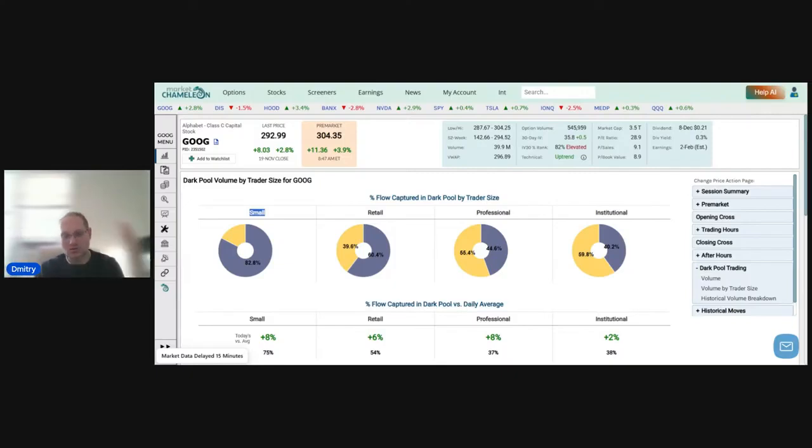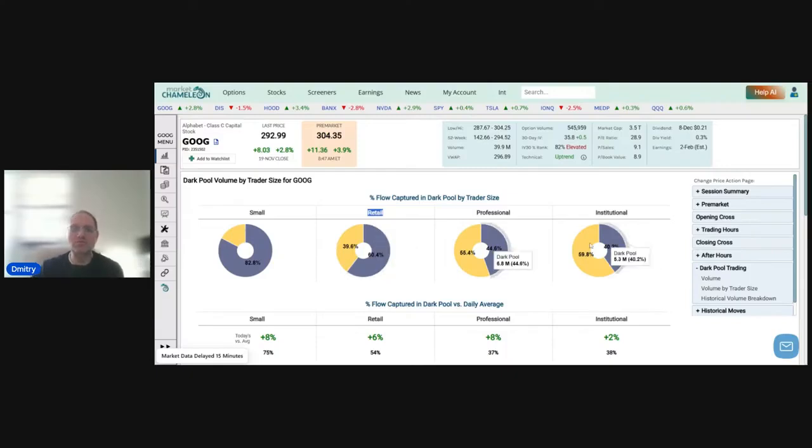Because they could buy and sell from the retail flow. So you could see that as the retail flow gets a little bit bigger in size, it's still captured in the dark pools, but not as much. So the smaller the order size, the more valuable it is, because the less likely that retail order knows something that is not easily available somewhere.